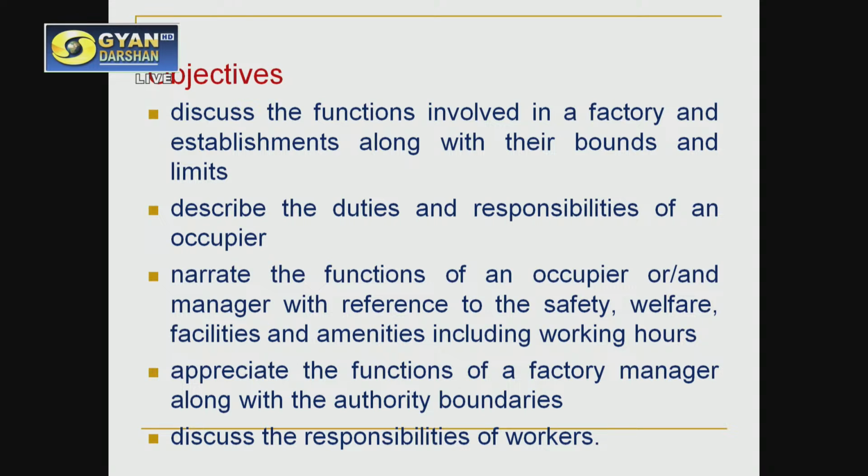And the appropriate functions of the factory manager along with the authority boundaries: what are the various functions of factory managers within the limit of their authority boundaries. And discuss the responsibility of workers. So what are the various responsibilities the workers have in the industry? These are discussed in this Unit 2.